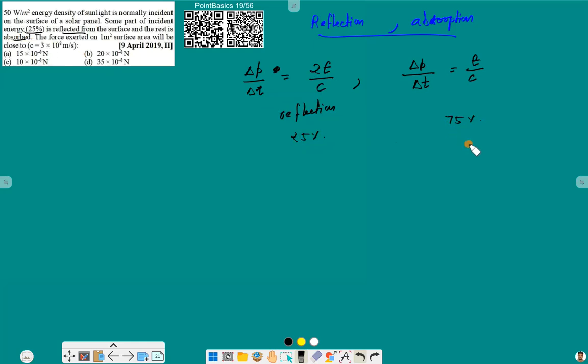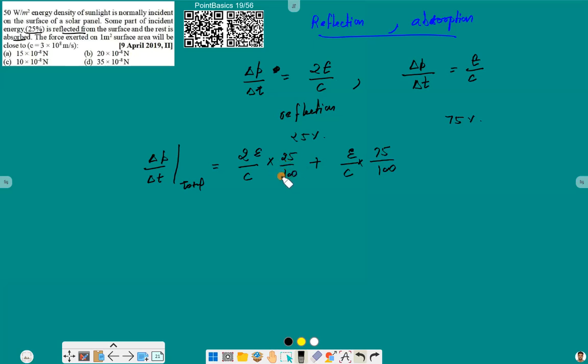So the amount of force, the amount of change in momentum per unit time, will be delta P by delta T total, that will be twice E by C into 25 by 100 plus E by C into 75 by 100.